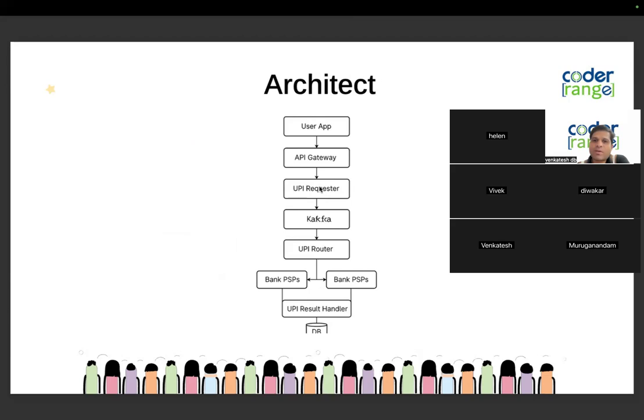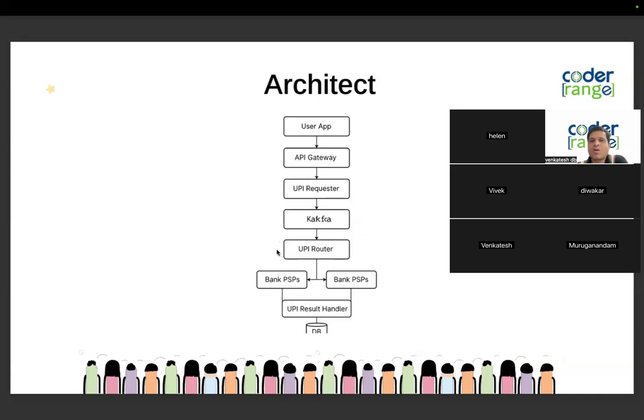This UPI requester will send a Kafka message saying I got a new request to do a payment, as a producer. The UPI router will consume that message, then send it to the respective bank's PSP. If it acknowledges, that information will be stored by the UPI result handler.